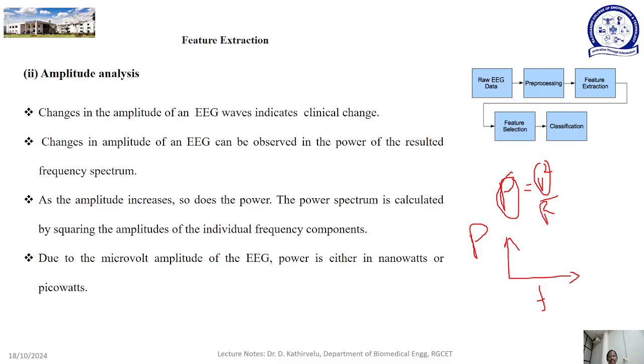The power spectrum will define the values of power at every set of frequencies. The power will be in the order of nanowatt or picowatt because the amplitude is in the order of microvolt. So by looking at the power density spectrum, it is very easy to figure out the value of power of the EEG at different values of frequency.